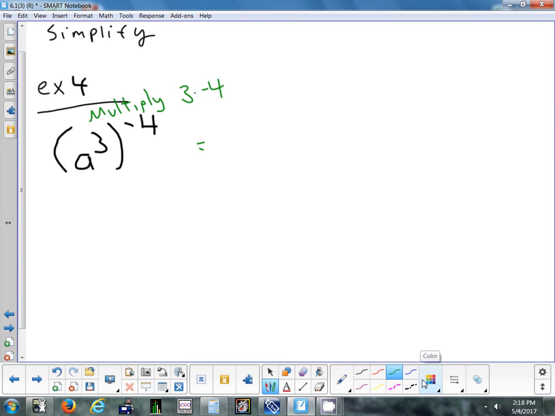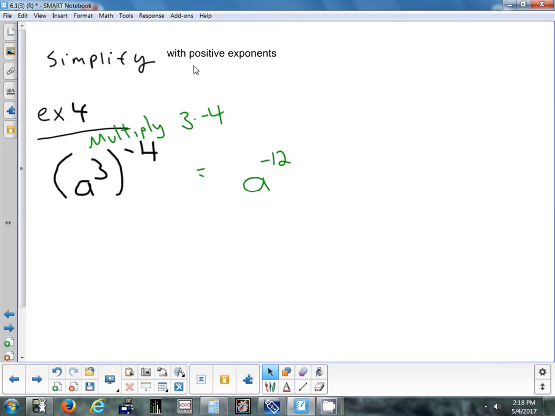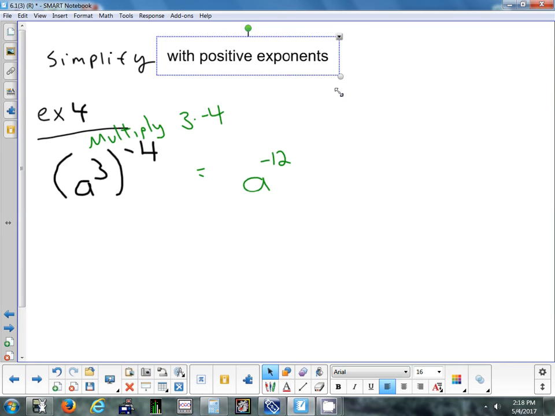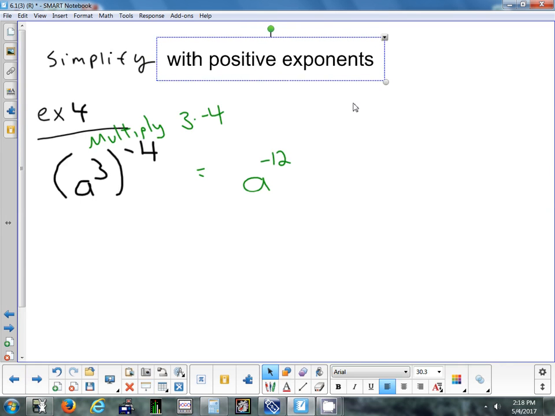What about my base? This stays as a, right? A to the what? No. Look what I wrote. Negative 12, right? Remember, I'm multiplying here. When the exponent's on the outside, with parentheses, that's when you're going to multiply. That's power to a power.